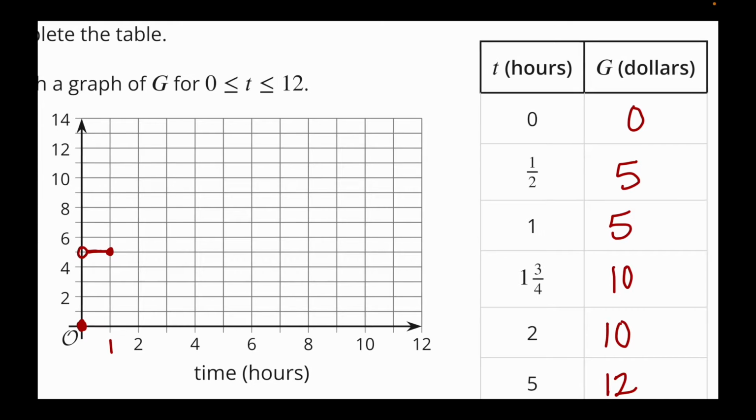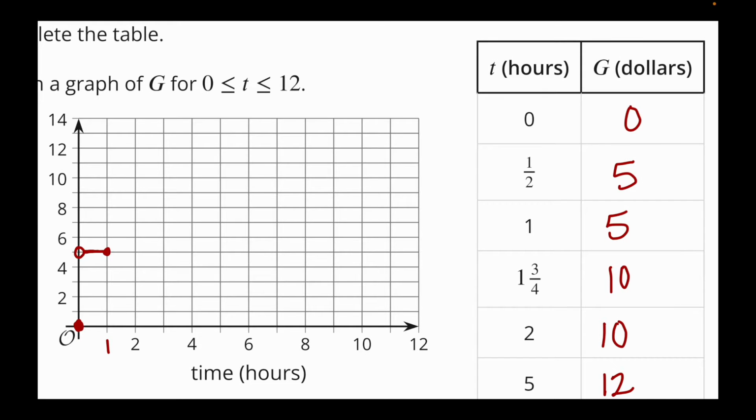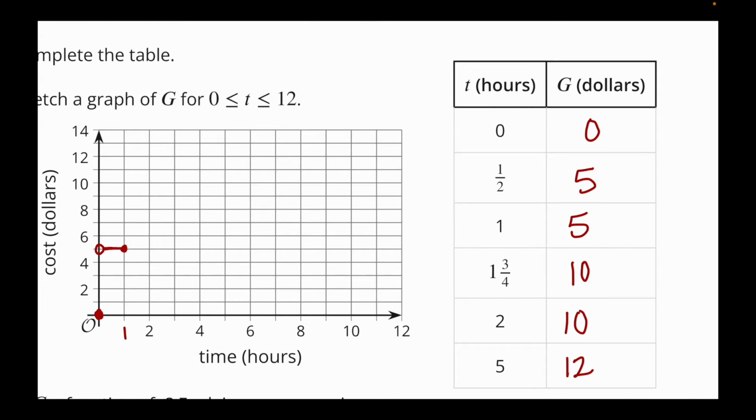So our next step, so to speak, is $10, and that is for up to 2 hours. So 2 is going to be right here, and that's our end point, which means anything exactly at 1 hour and beyond, up until 2 hours, is going to be this little step right here. And beyond 2 hours, it's just for the whole rest of the day for our price.